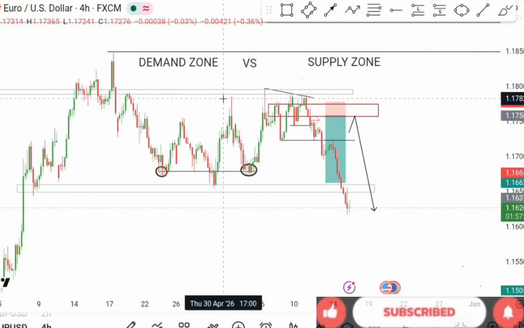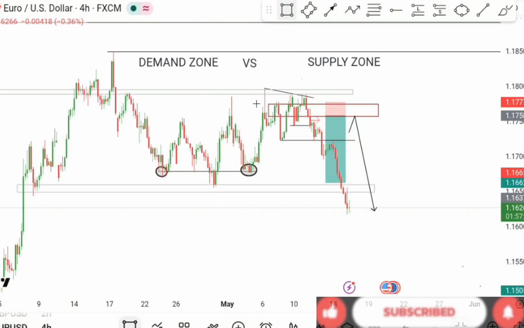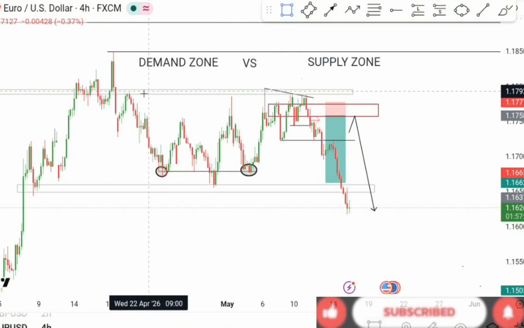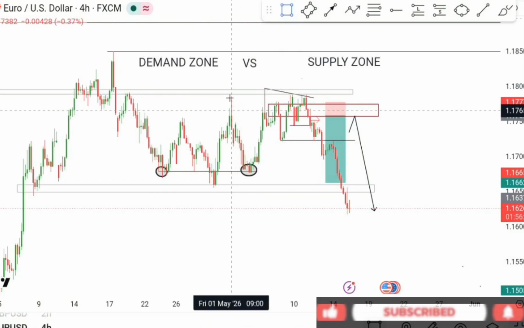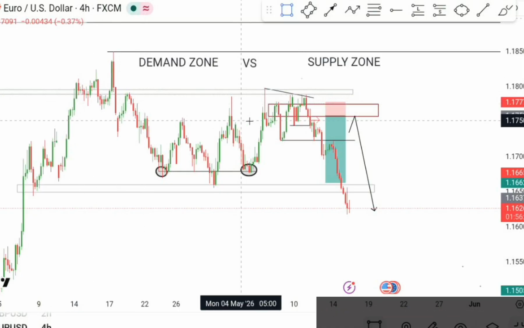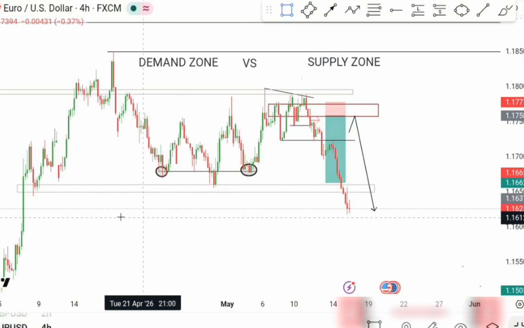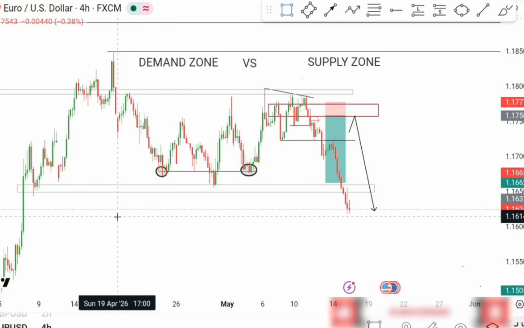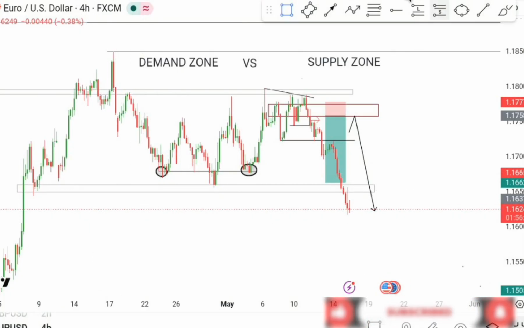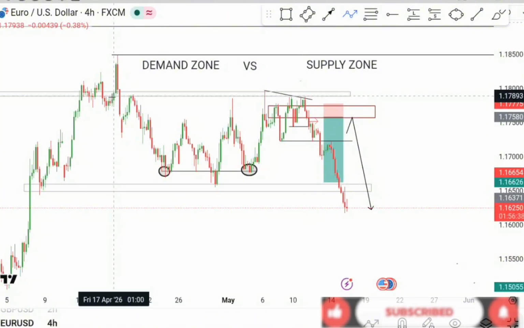And always remember that support and resistance zones are not like supply and demand zones. These are very different things when it comes to trading.